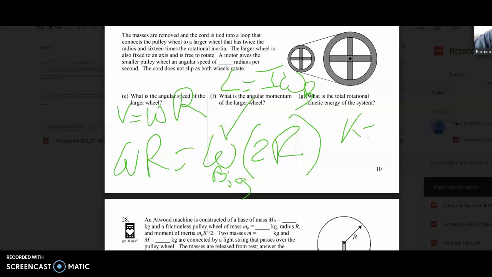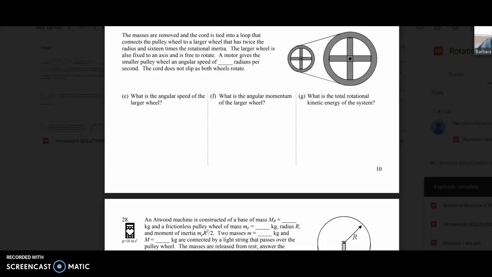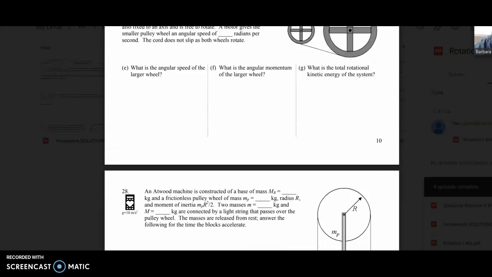So it'd be K equals 1/2 I omega squared plus 1/2 I of the big one, omega of the big one squared, right? Okay, good enough. That's not so bad. All right, moving on. Let's see, 28.